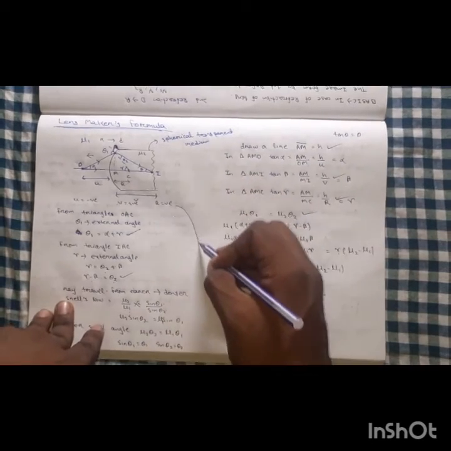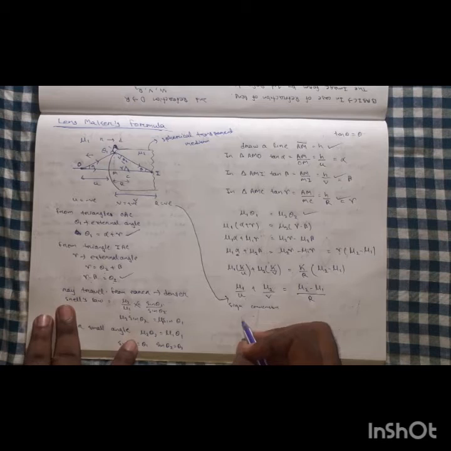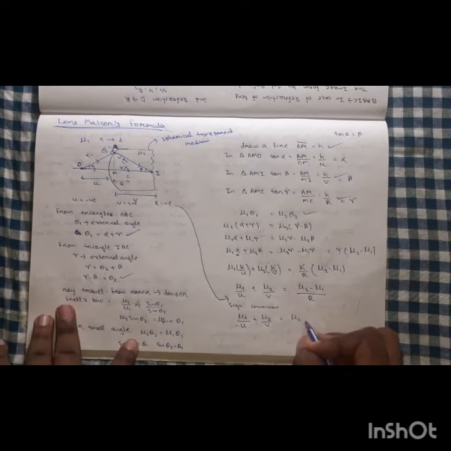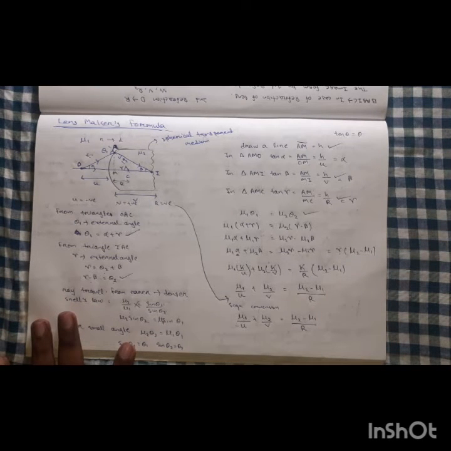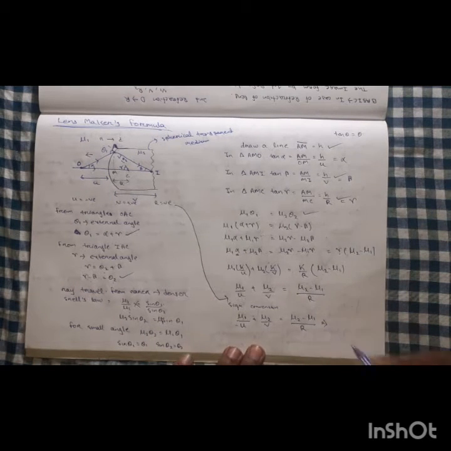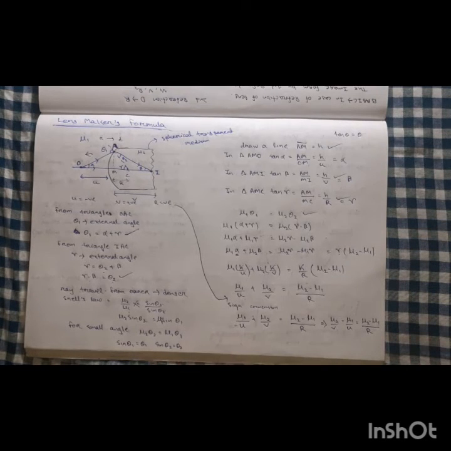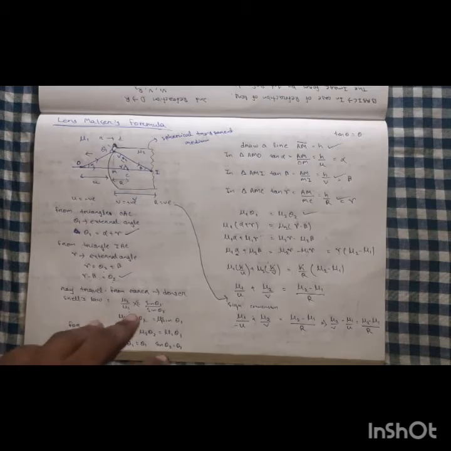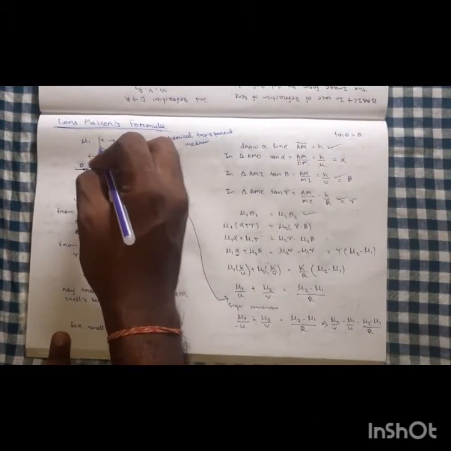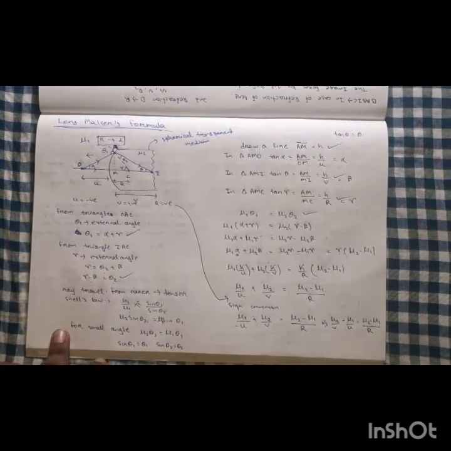If we put this sign convention in this, then what will be there? Mu 1 by minus u plus mu 2 by v, that equal to mu 2 minus mu 1 by r. Understand? Okay. Then I can put it mu 2 by v minus mu 1 by u, that equal to mu 2 minus mu 1 by r. Understand?